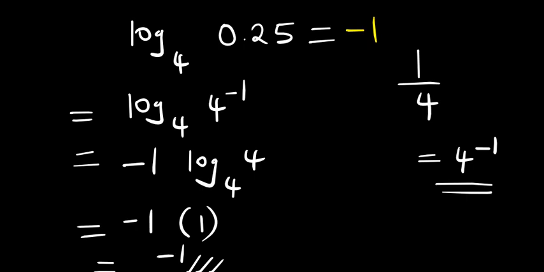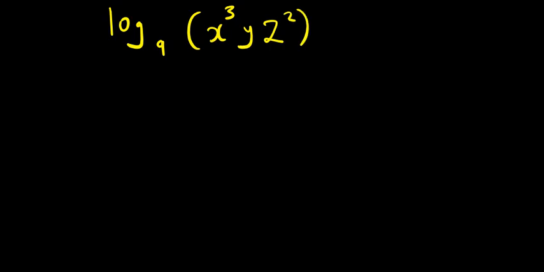Let's say I've got, what can we solve? Let's say I've got log, the base is a, I've got x to the power 3, I've got y, I've got z, then it's squared. How can I solve such a one? Because these ones are multiplying, you're going to separate them.